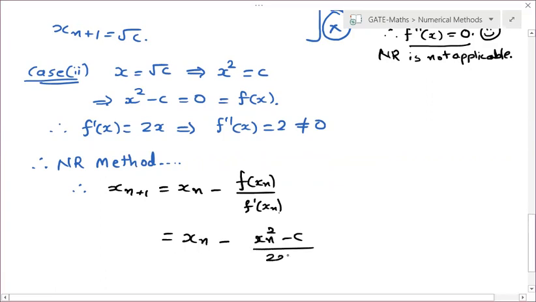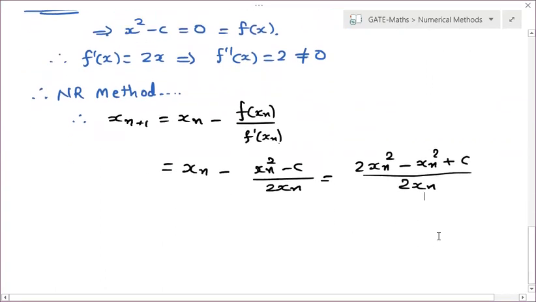F dash xn is 2 times xn. If I simplify, 2 times xn square minus xn square plus c, whole divided by 2 times xn. 2 xn square minus xn square will become xn square only. So it is xn square plus c divided by 2 times xn. This is your xn plus 1. Is it clear now? Please give me some response.